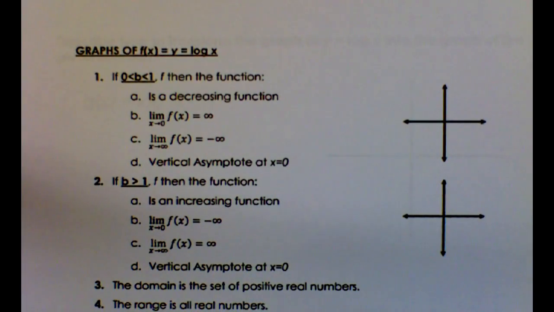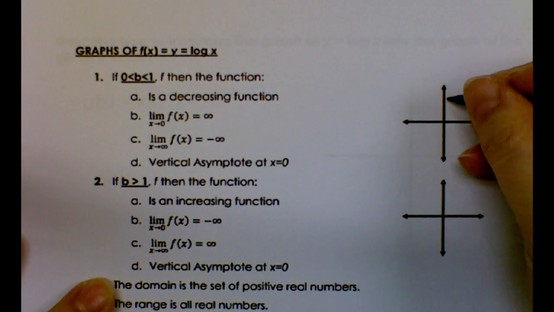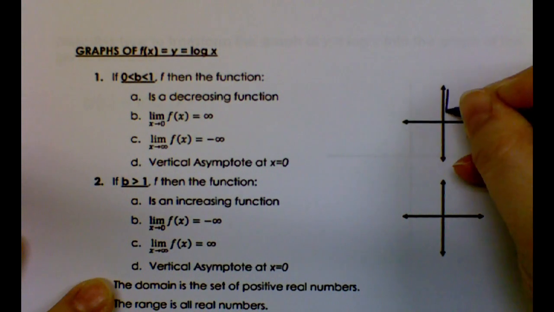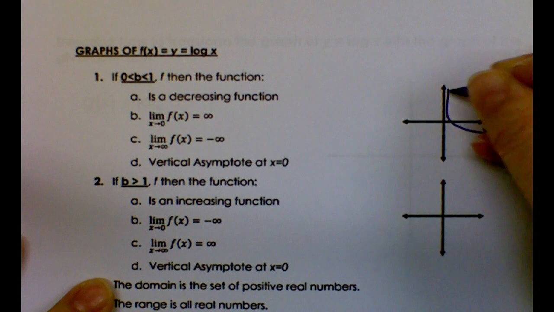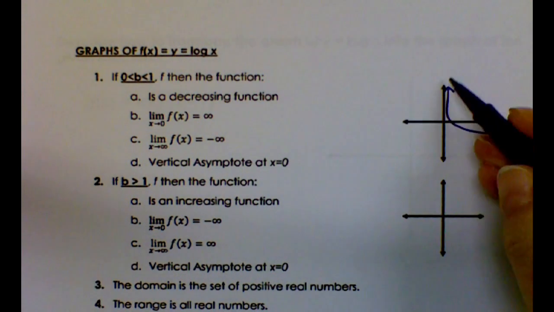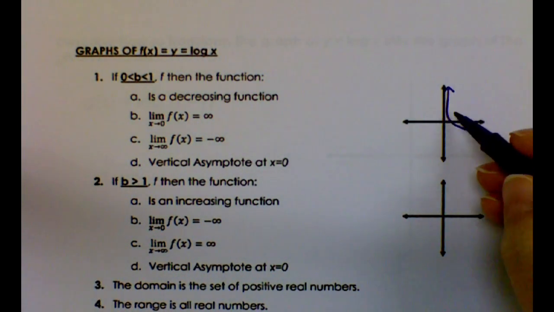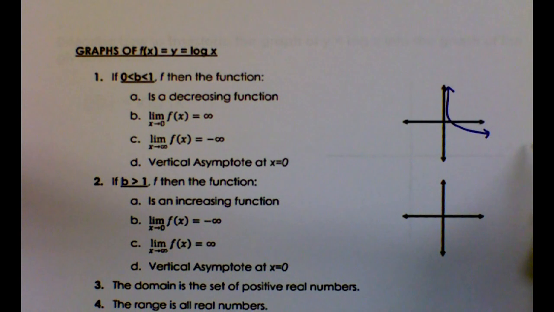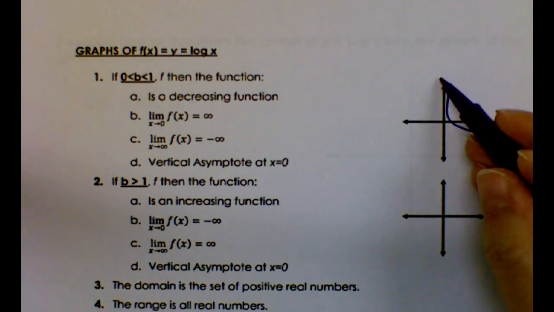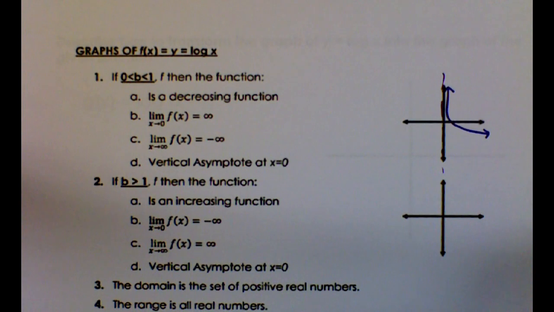So the graph should look something like that. It approaches infinity when you get close to 0. It's going down forever on the right. Notice that we have an asymptote at x equals 0. An exponential function has an asymptote at y equals 0.